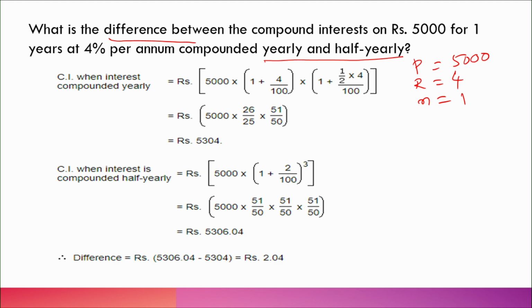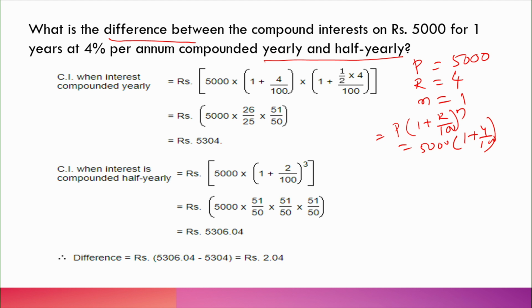Okay. Then this value becomes, by the formula P into (1 plus R by 100) whole power n, 5,000 into (1 plus 4 by 100) into half yearly.